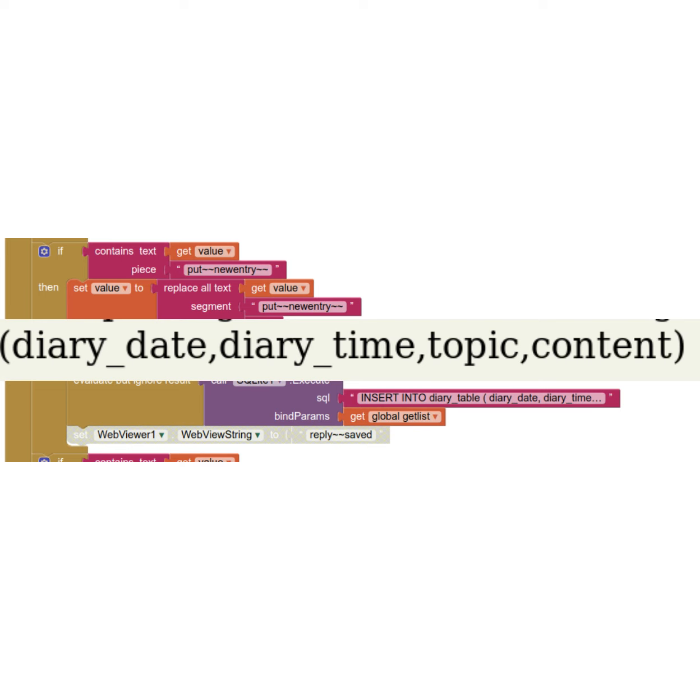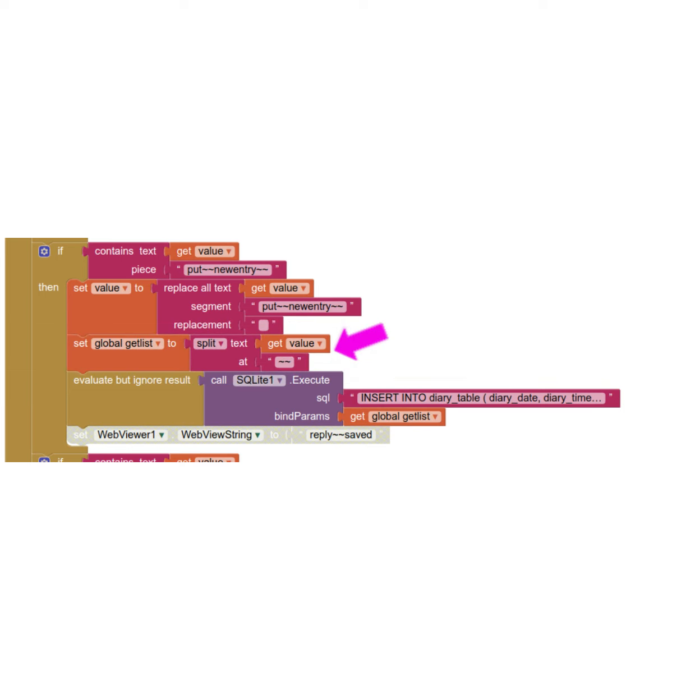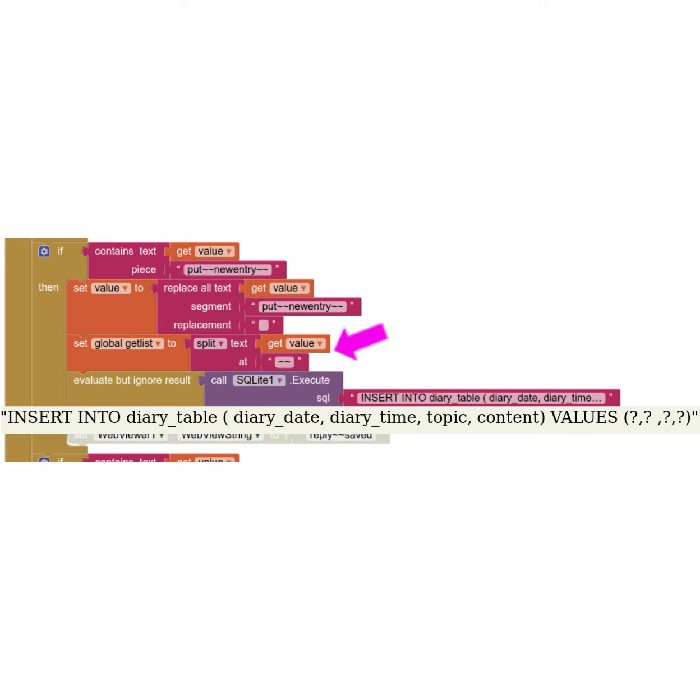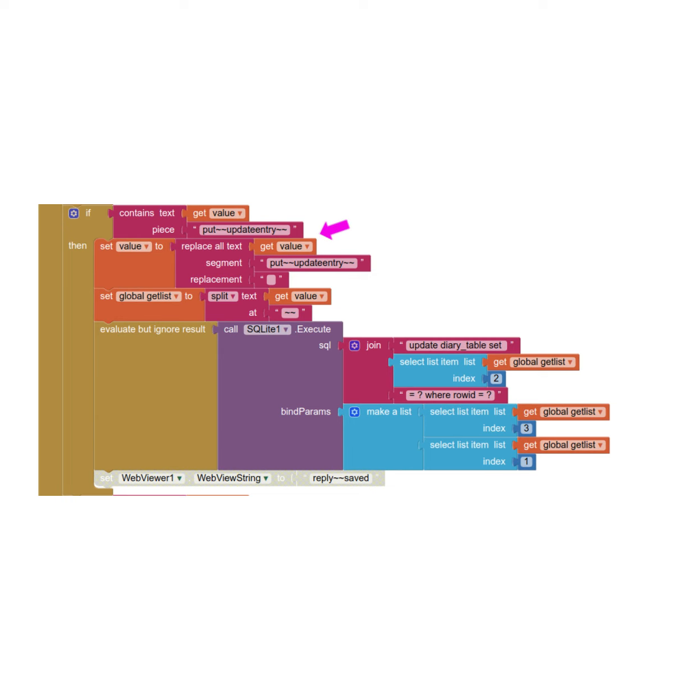The SQL statement is insert into diary table, diary date, diary time, topic, content, values, followed by 4 question marks for the 4 parameters, and this will create a new entry.